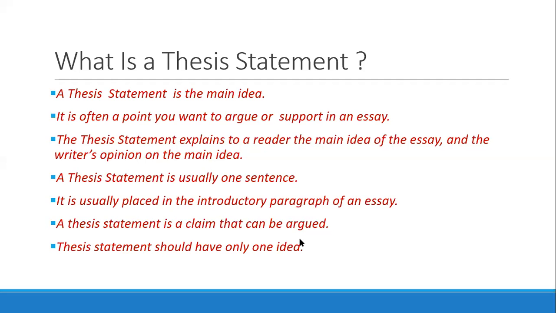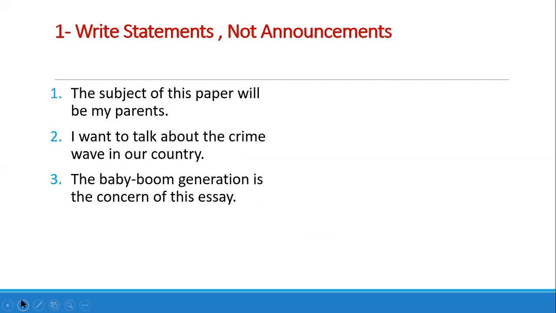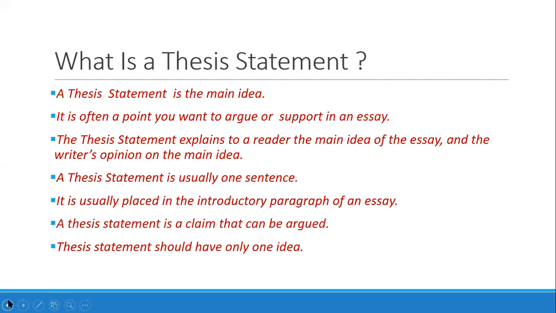It is usually placed in the introductory paragraph of an essay. All right. And a thesis statement is a claim that can be argued, and it should have only one idea. Now, when you are writing a thesis statement, what are some of the ingredients of a good thesis statement?